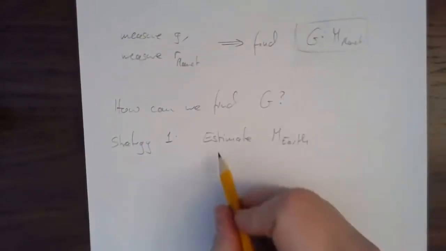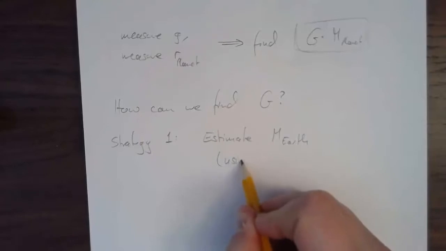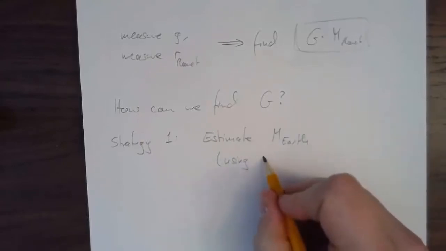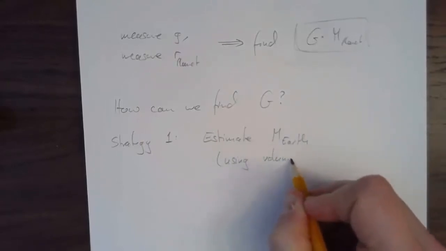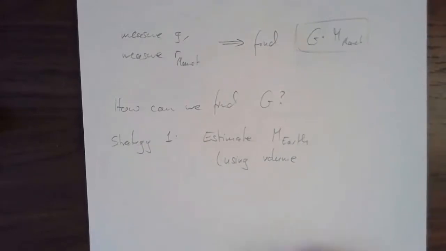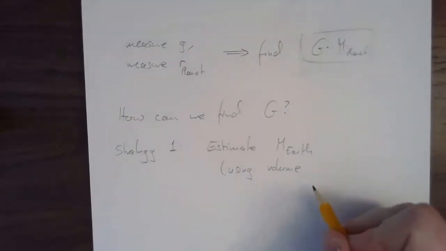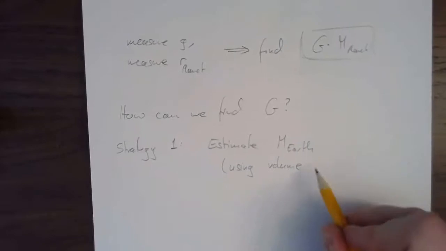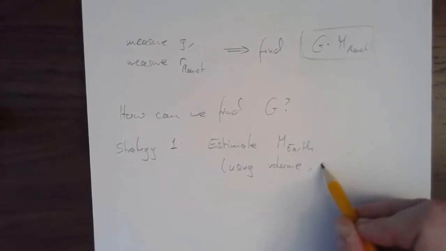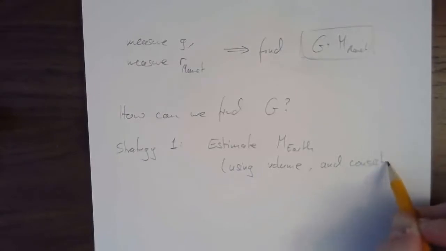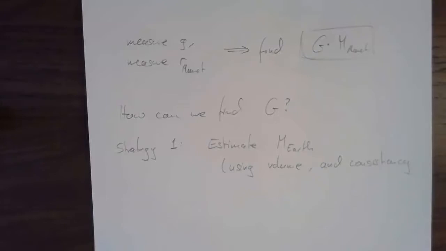How would you do that? Well, you'd probably use its volume, which you know, because you know its size and you know it's a sphere. Right, 4/3 pi r cubed, volume of a sphere. And then its consistency. You say, what's the Earth made of? I guess mostly rock.